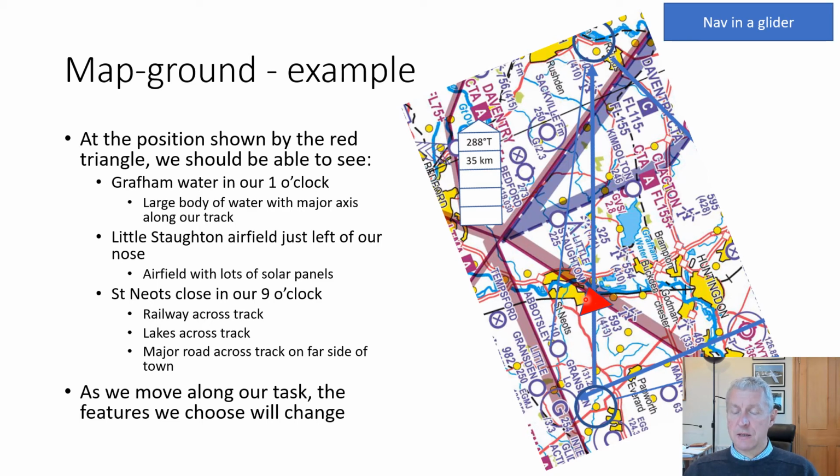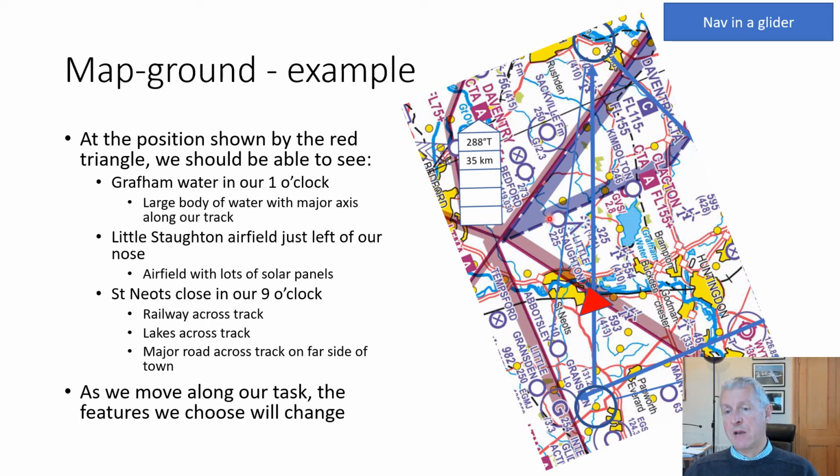Down underneath the left wing, we should be able to see St Neots, and that's going to be a town with water running through it across our track, and a major road running the other side of the town, and a railway running this side of the town. So 3 good features on top of St Neots that will allow us to identify it.